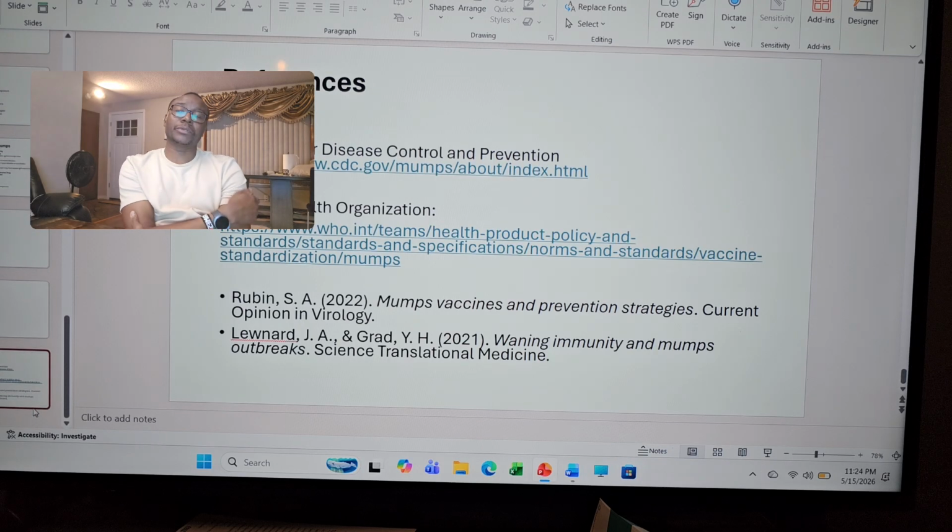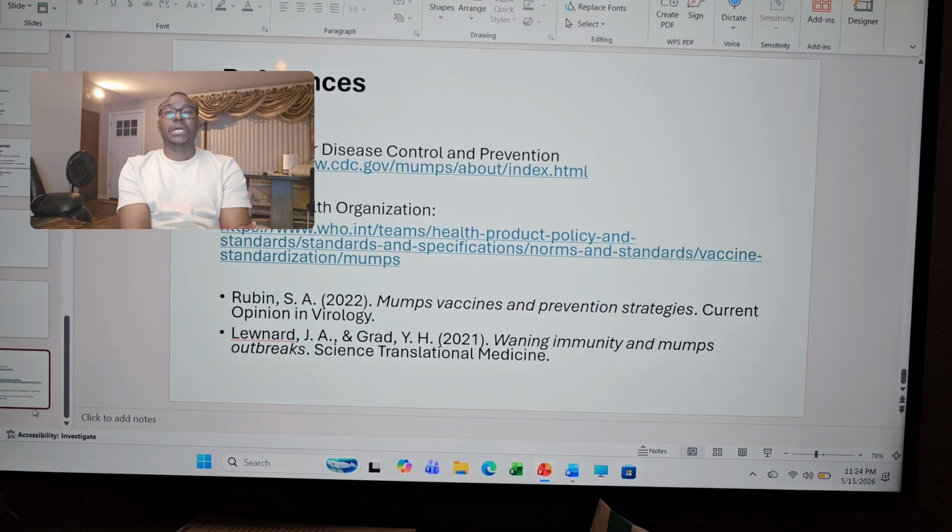And as I come to my conclusion, here are some of the references. CDC, that is the Centers for Disease Control and Prevention. That's the link. We have the World Health Organization, WHO. That's the link.